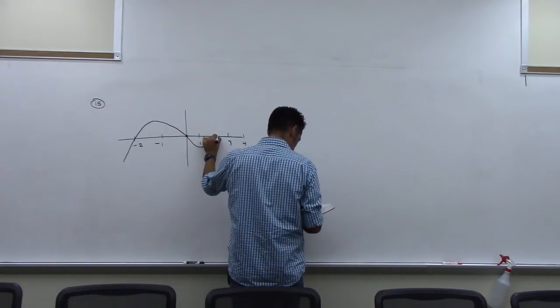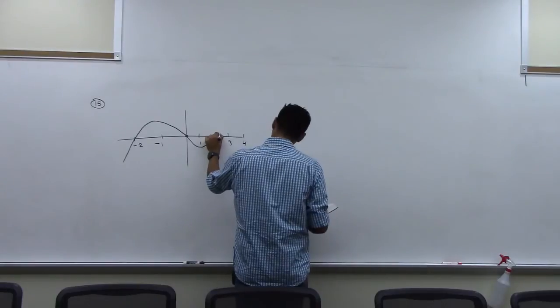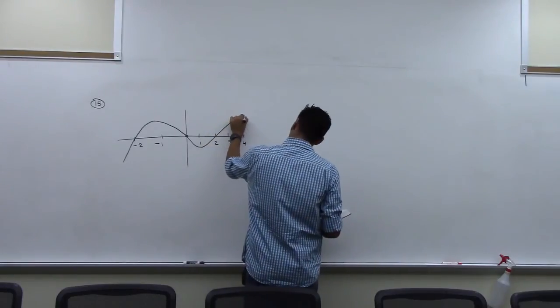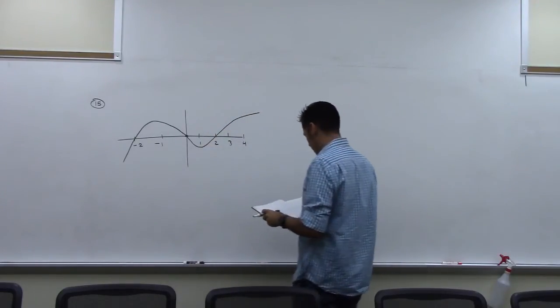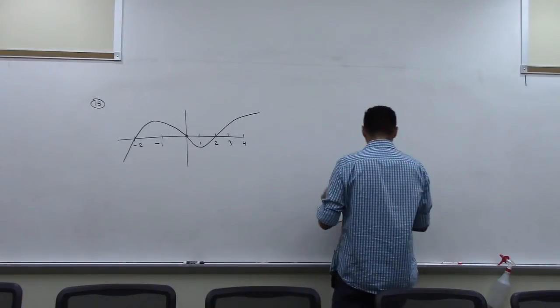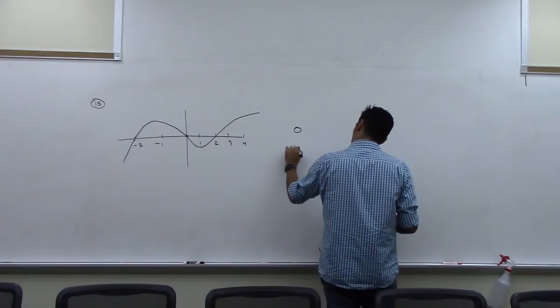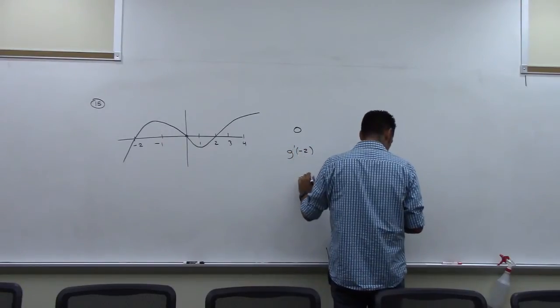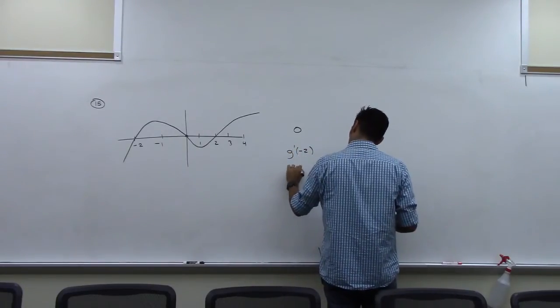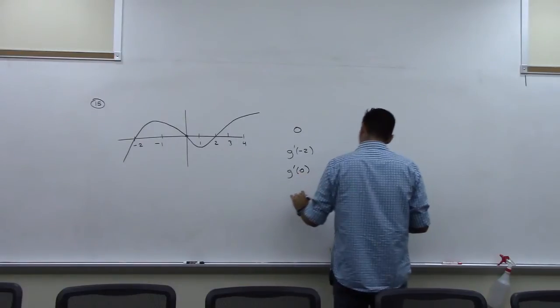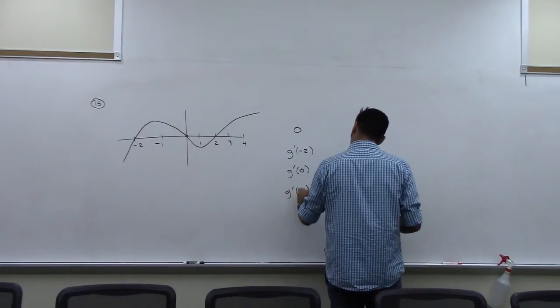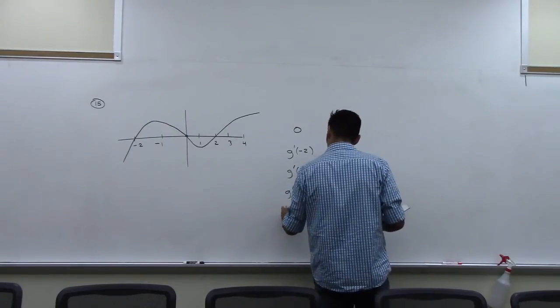Comes up and then goes up like this. Okay, looks like it does that. And then they give you some values. 0, g prime of -2, g prime of 0, g prime of 2, and g prime of 4.